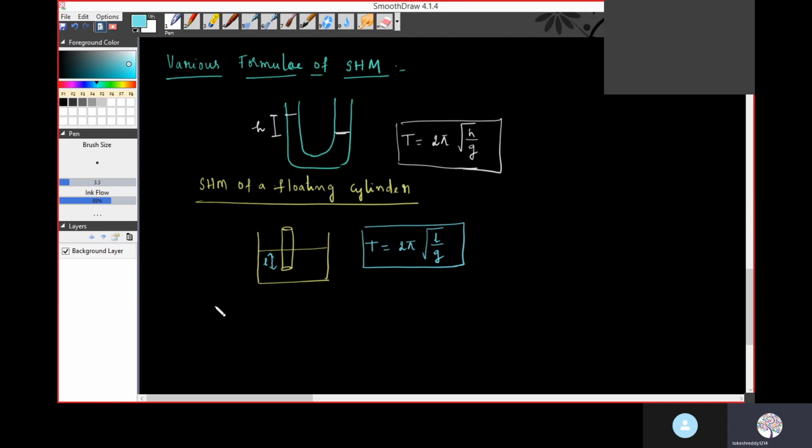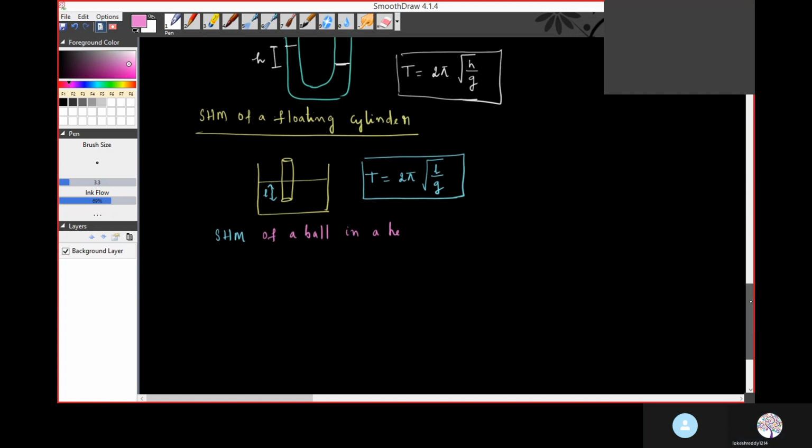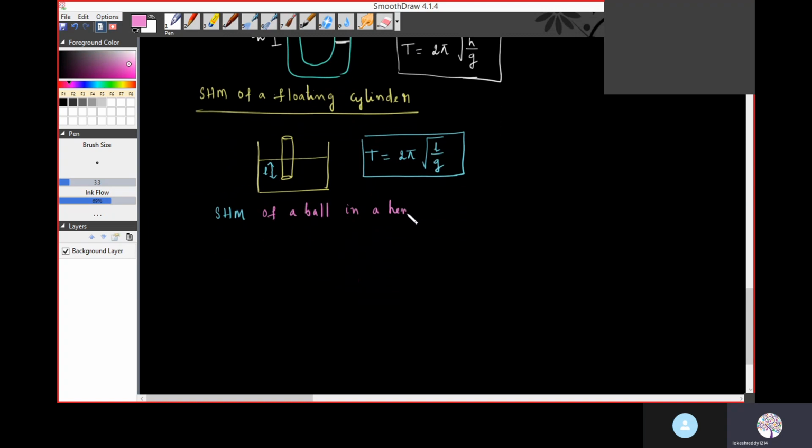Now, SHM of a ball in a hemispherical bowl.